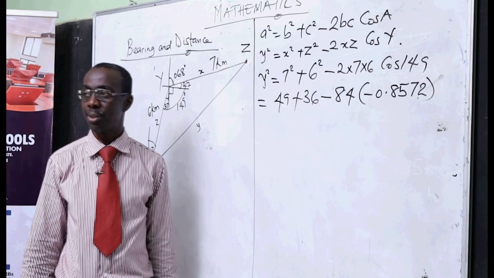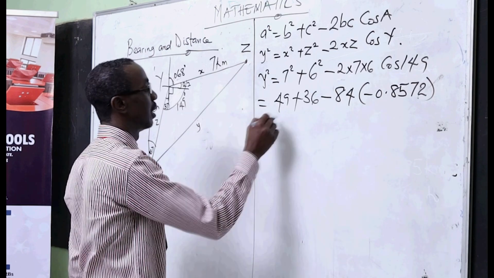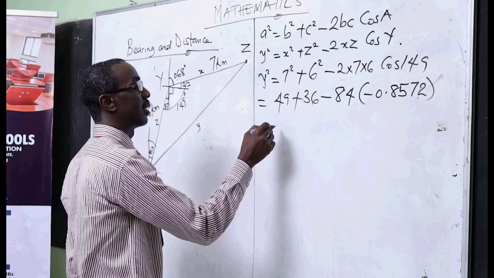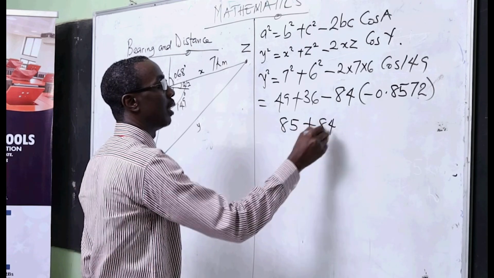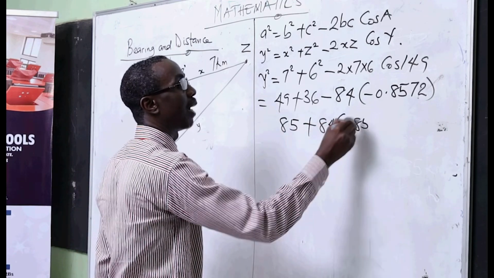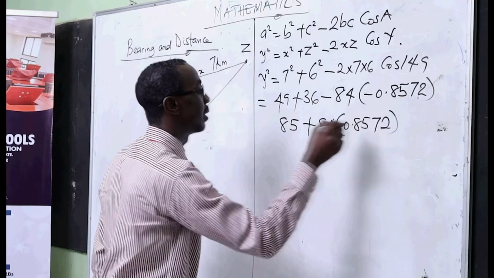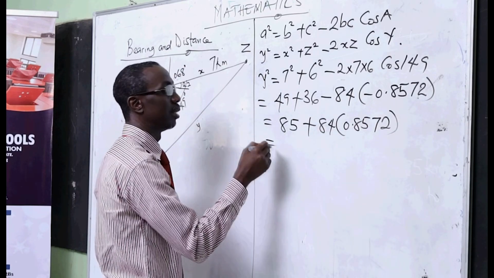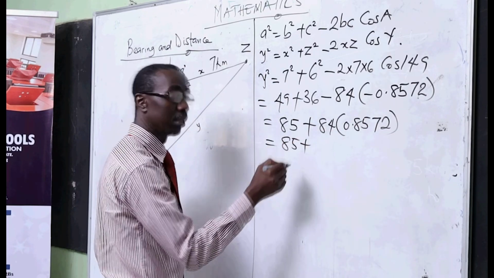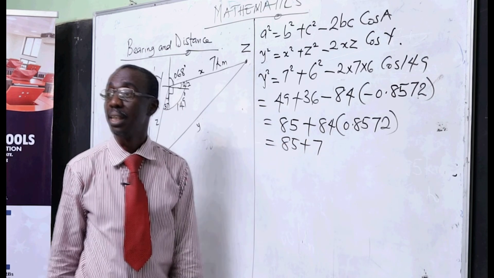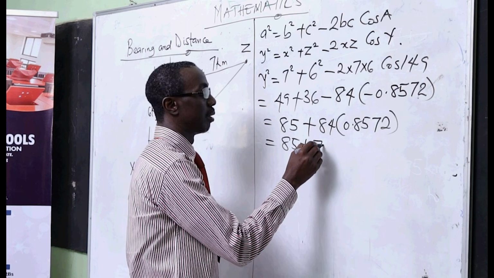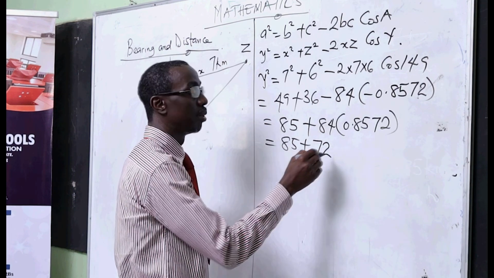This is 85 plus 84 into 0.8572. Yes, finally, this is 85 plus 72.1848.